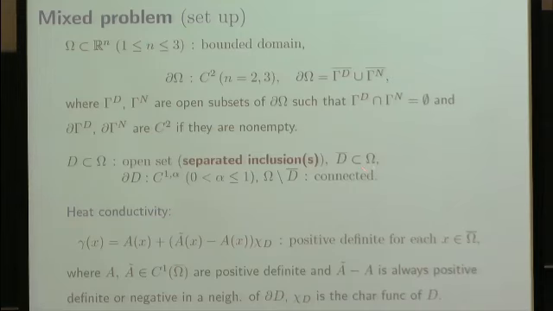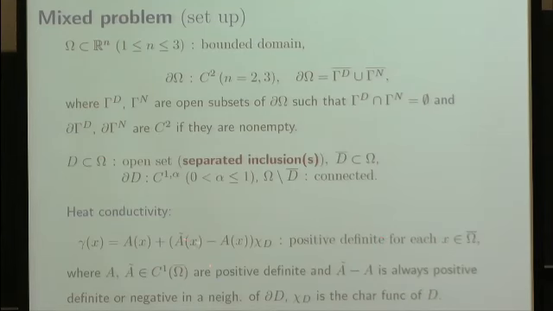For the heat conductivity, denoted by gamma, I assume it has the following form: A plus (A tilde minus A) times the characteristic function of D. This gamma must first of all be positive definite for each x.